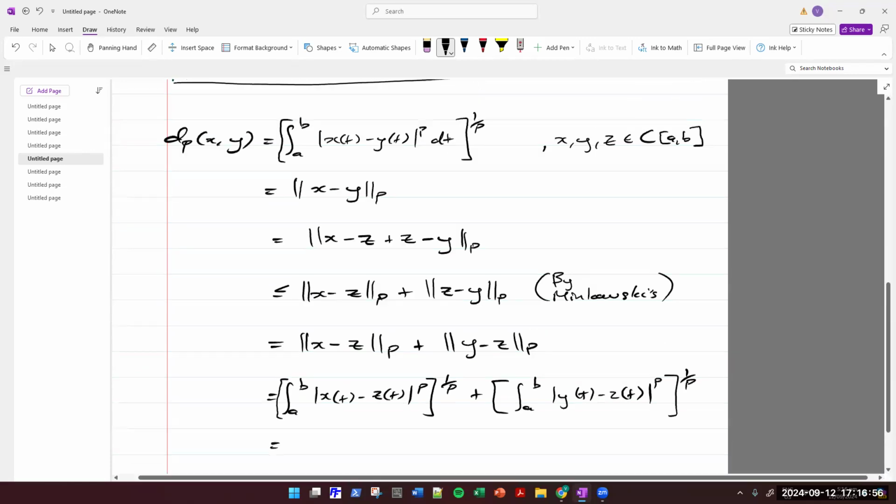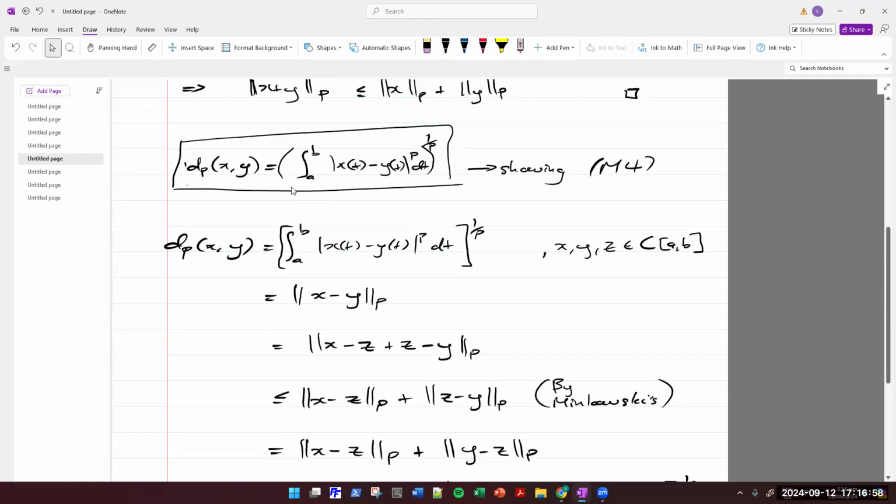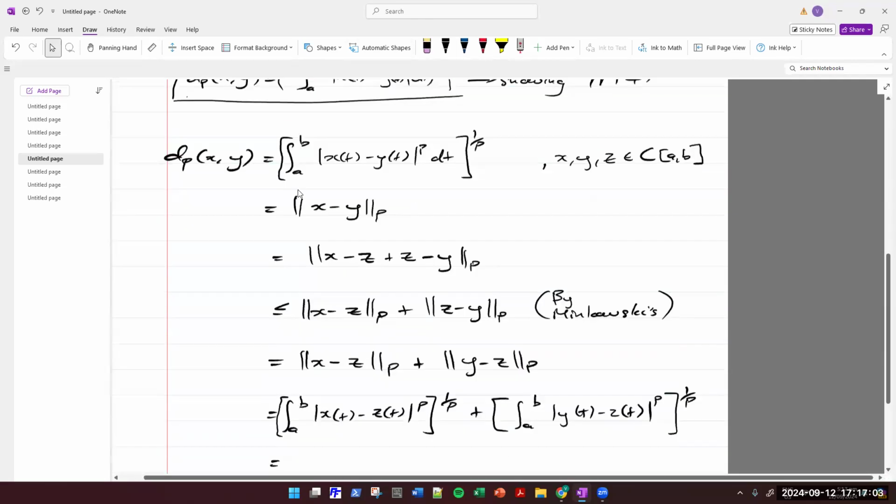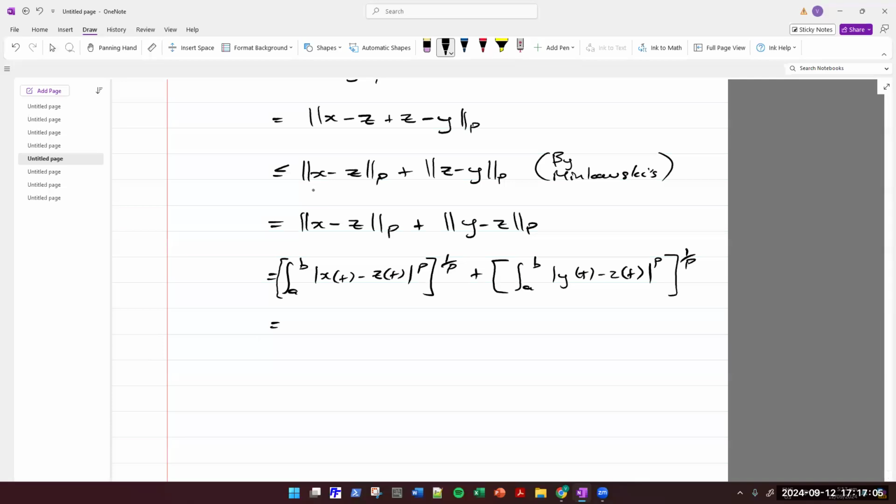Right, and if you check the definition of the p metric we were working with, that's just dp of x, z plus dp of z, y or y, z, doesn't matter.